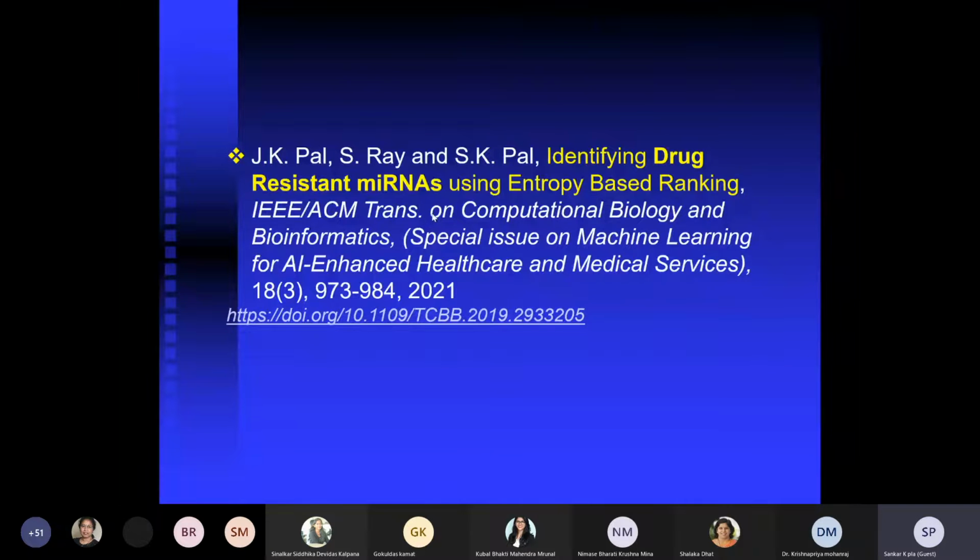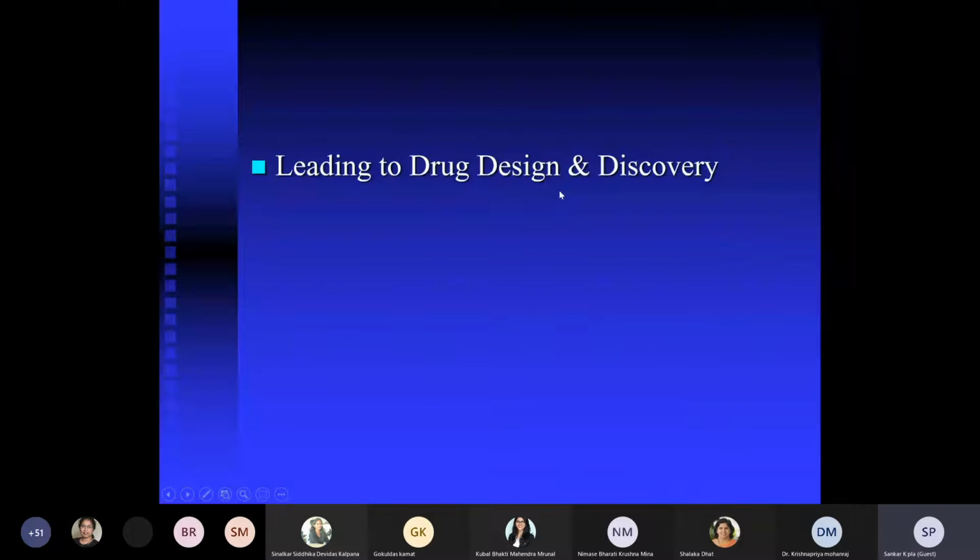The previous one was about which microRNAs, if their expression value changes, cause cancer. Here it is drug-resistant microRNA: if their value changes somehow, then they may not react to the drug. That means the drug will not be useful for them. These two characteristics are there. It was published in a special issue on machine learning for AI-enhanced healthcare and medical services, and it leads to drug design and discovery.